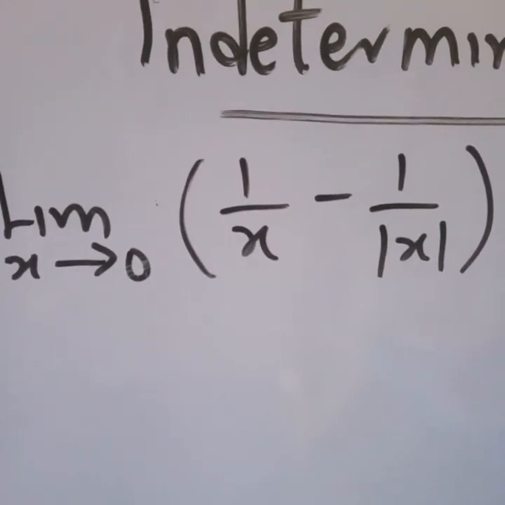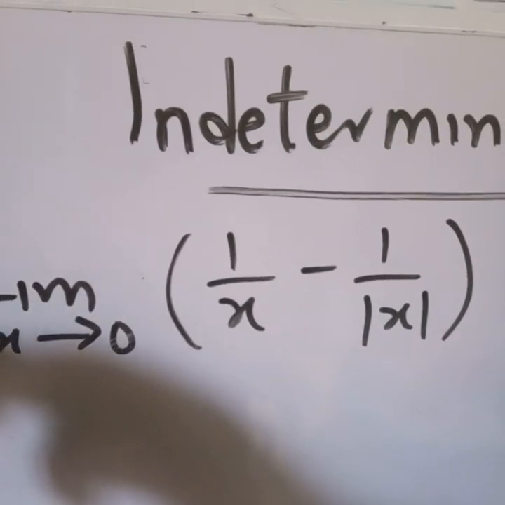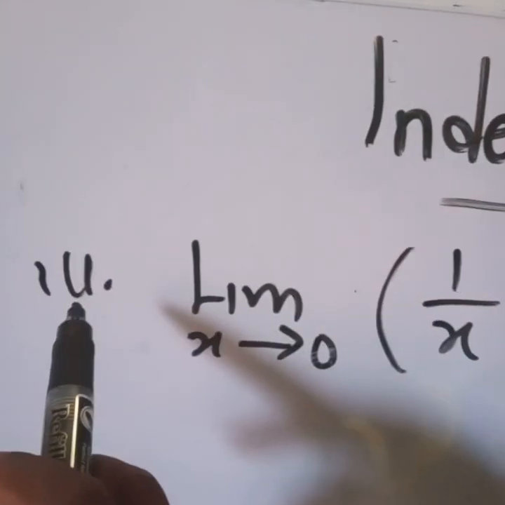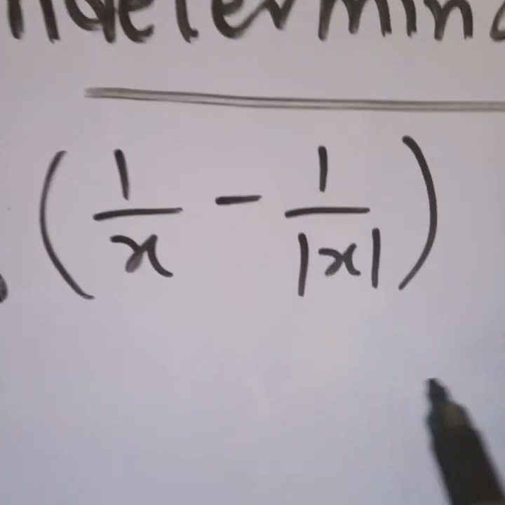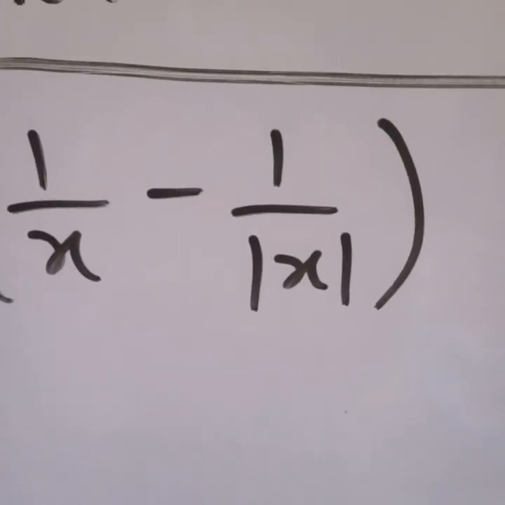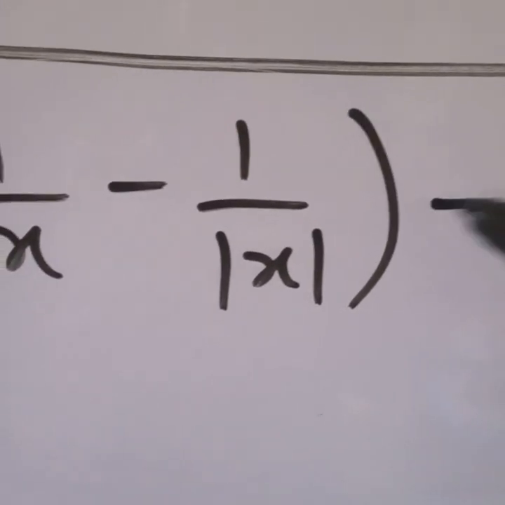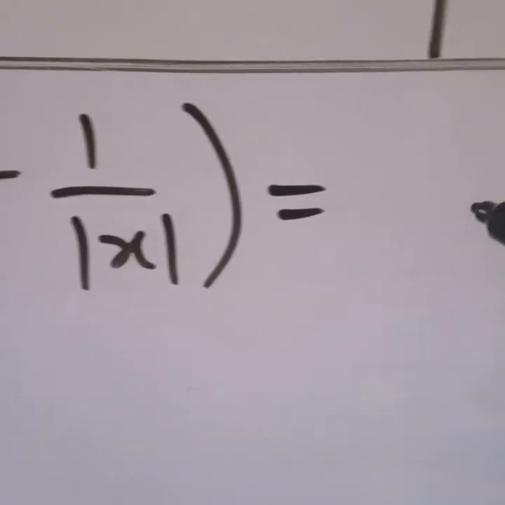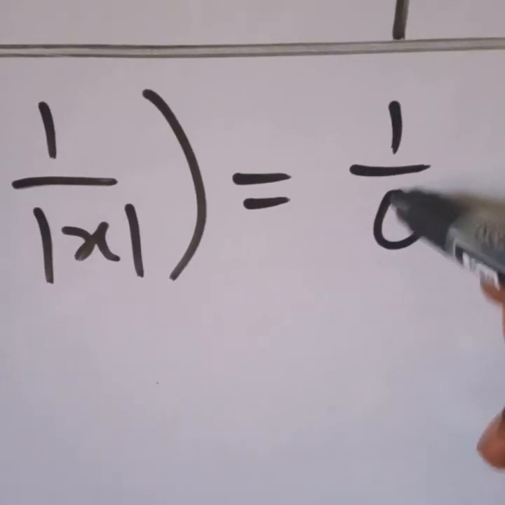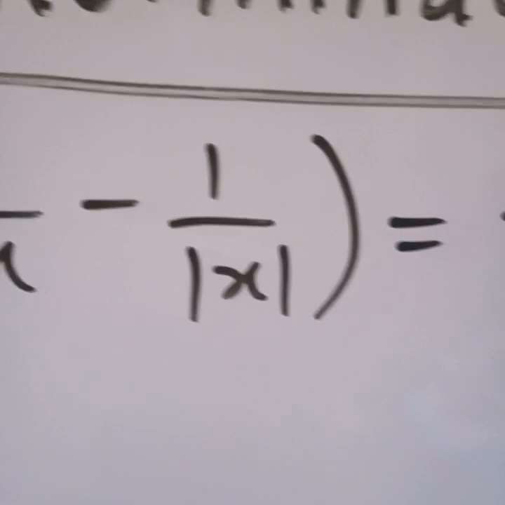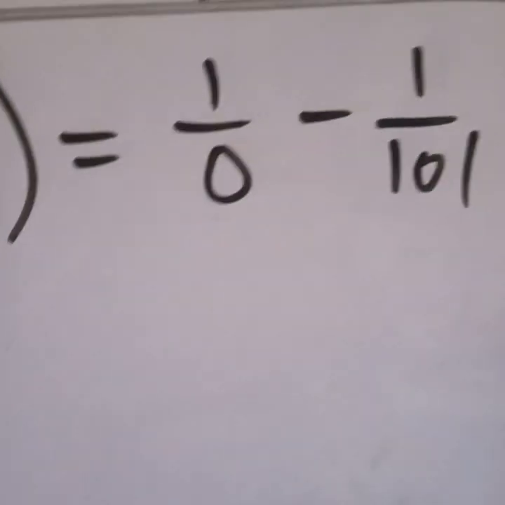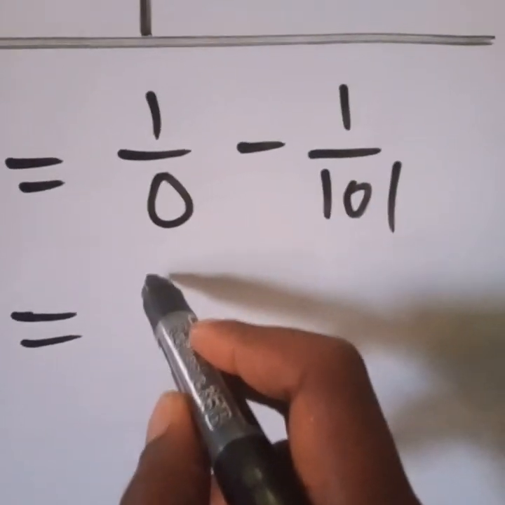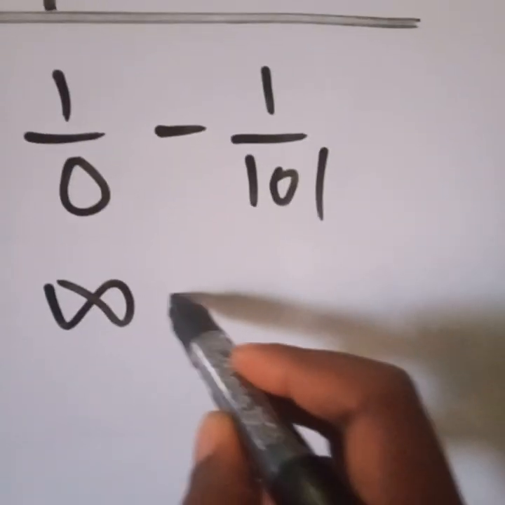So for the third example, which is the limit as x tends to 0 of 1 over x minus 1 over the absolute value of x. Again, when we apply the limit, this will be 1 over 0, and this will be minus 1 over the absolute value of 0. 1 over 0 is infinity.